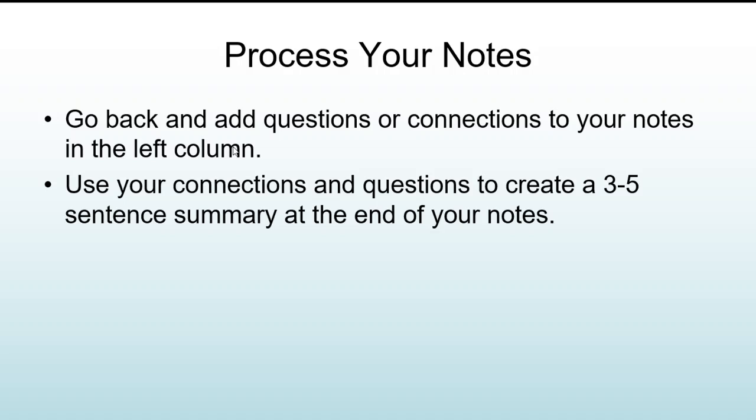Remember, in elementary school you made personal connections, prior knowledge, anything you remember about division, mitosis, or meiosis. You want to add those, and then use those connections and questions to create a 3 to 5 sentence summary at the end of your notes. And then also make sure you create a link in your notebook to your notes and turn those in. All right, if you have any questions, please let me know.